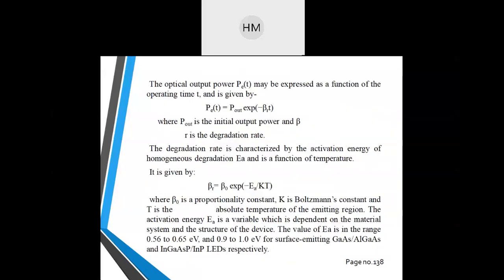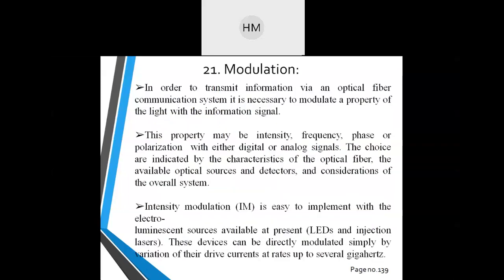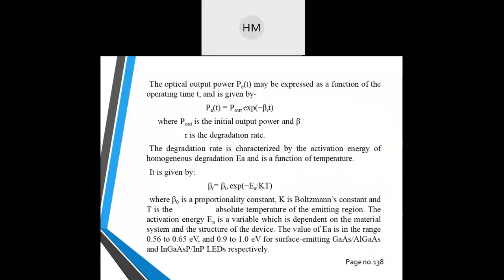Now the optical output power equation you can write. This is an important equation. The output optical power P_E may be expressed as a function of operating time T, given by P_E(T) equals P out times exponential of minus beta_R T. P out is the initial output power, and beta_R is the degradation rate.